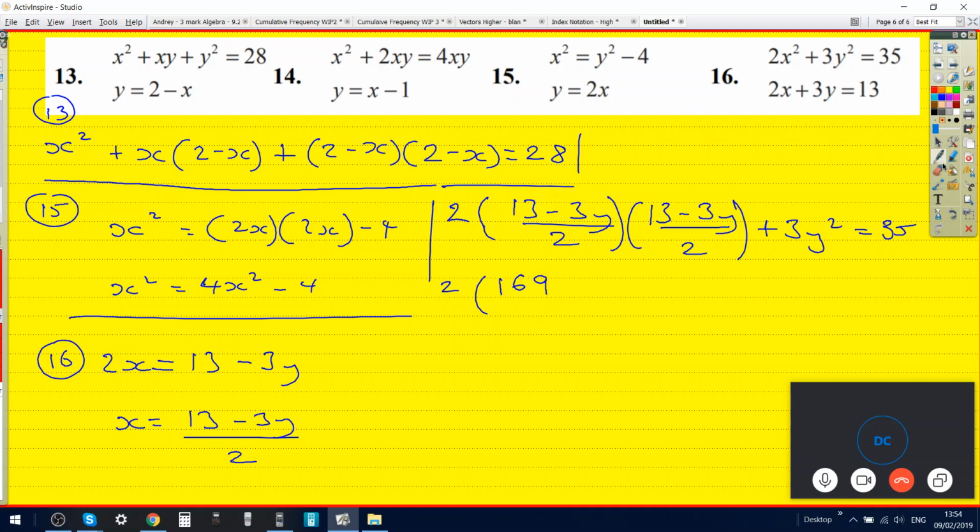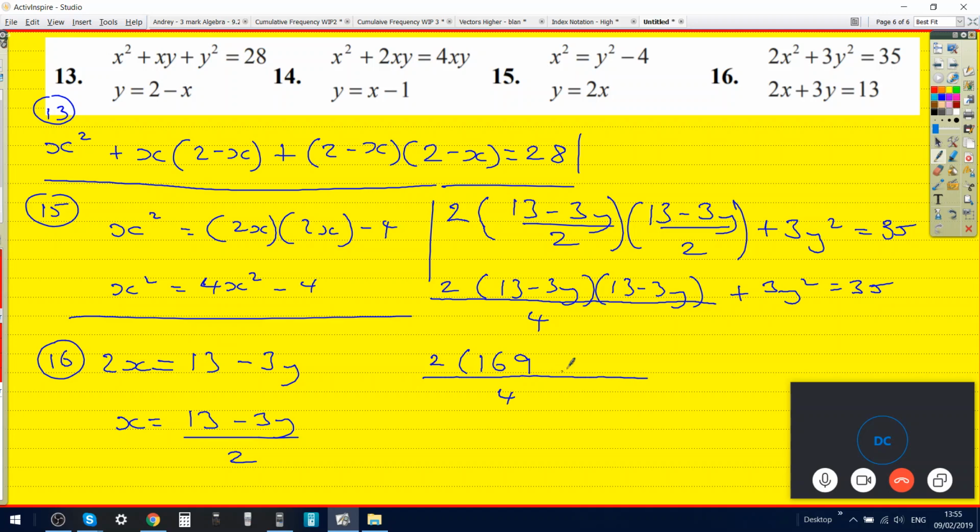So the way it might be easier to think of this is, what will be the denominator after you expand the brackets? 4. So let's just say it's 13 minus 3y times 13 minus 3y, and it's going to be over 4. So just expand those brackets as normal. So 13 times 13 is 169.